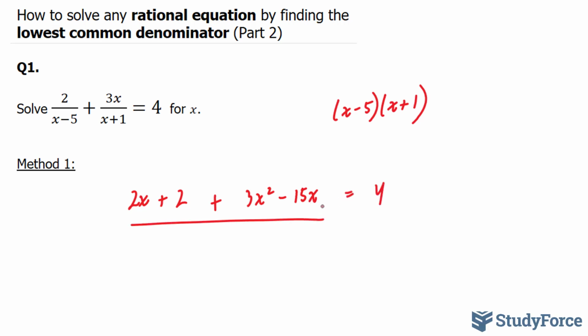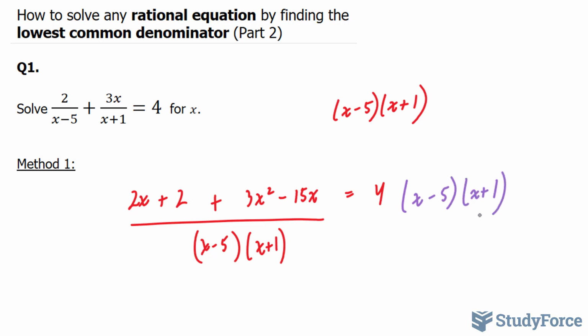Now remember, we do have at the bottom x minus 5, x plus 1. The next step is to get rid of this denominator, and we do that by multiplying both the left and the right side by this denominator. If we do that, I'll represent it in purple, x minus 5, x plus 1, and on the left side, the same thing, x plus 1.